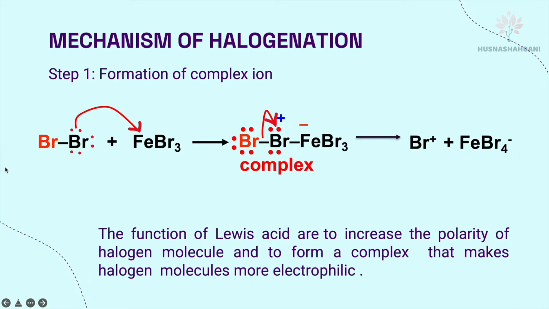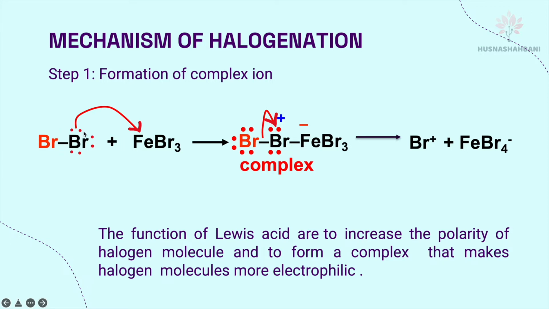The mechanism of the halogenation starts with step 1, formation of complex ion. This is needed because this Lewis acid is needed to increase the polarity between the molecule, because this Br and Br have the same electronegativity, so the bond cannot break on its own.